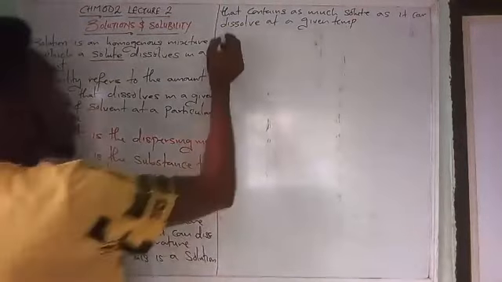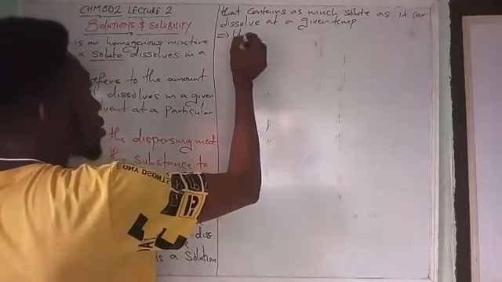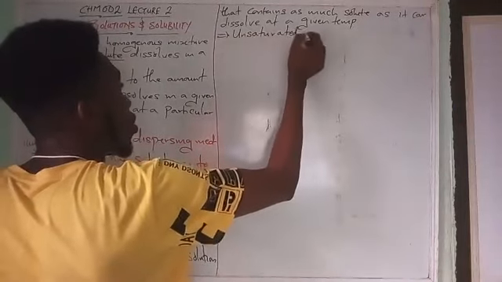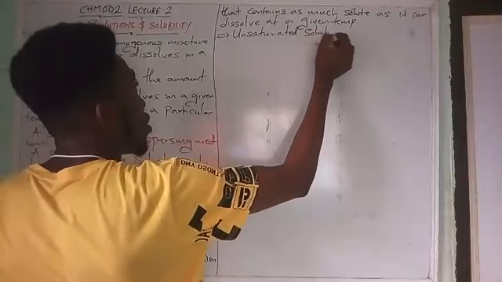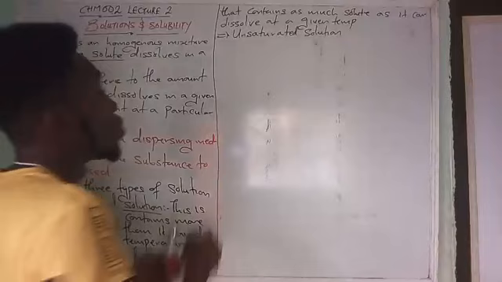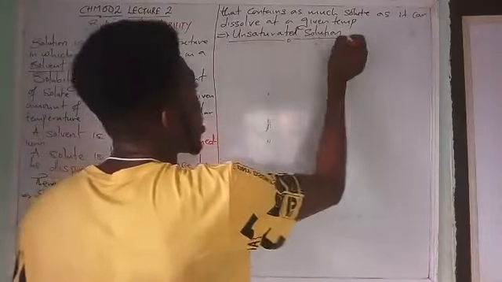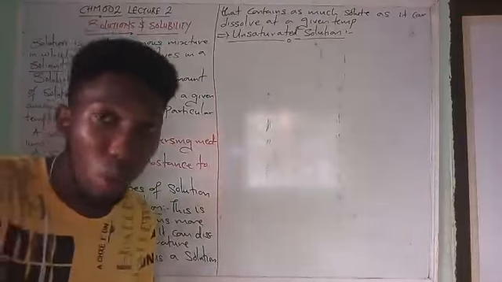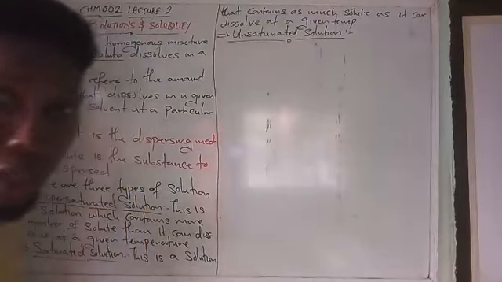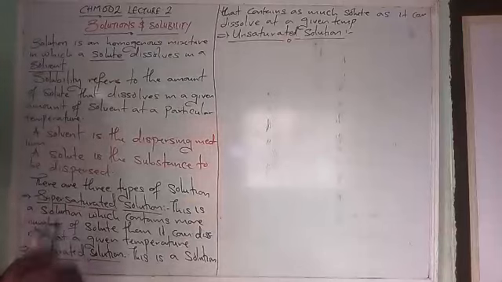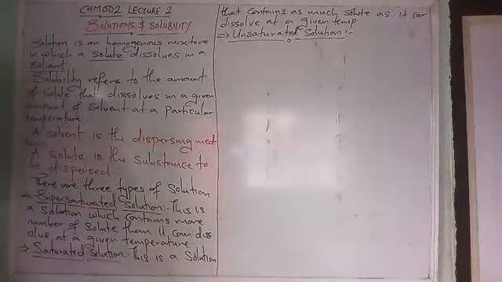So the last type is your unsaturated solution. When we say a solution is unsaturated, what do we mean? That means it contains a lesser amount of solute than it can dissolve. Let's recapitulate. The supersaturated contains more than it can dissolve.